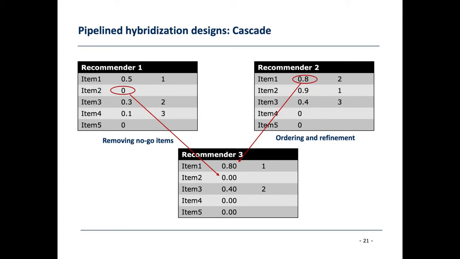So you can see now that we have got a different ordering of items for recommender 2, which would actually have been generated distinctly from recommender 2 on its own. So recommender 1 just did a filtering process, recommender 2 did the ordering and refinement, and you can see that the ordering which is ultimately generated by the hybrid is different from recommender 2 on its own.